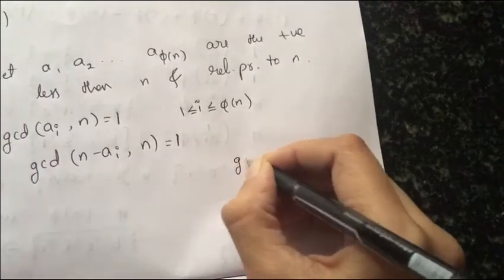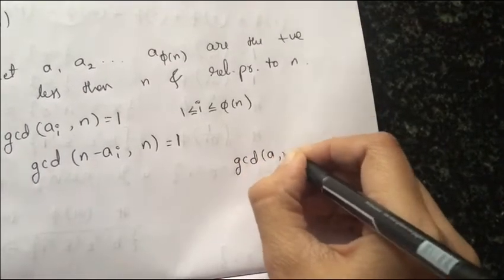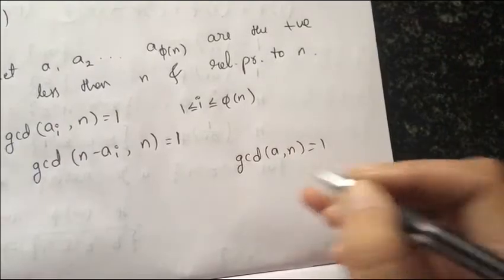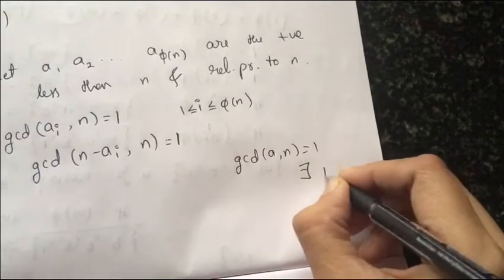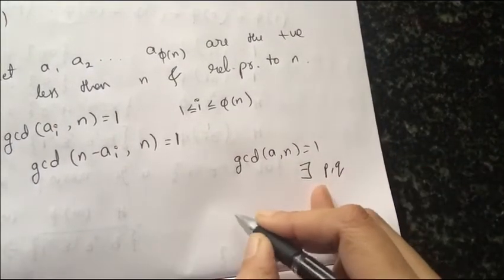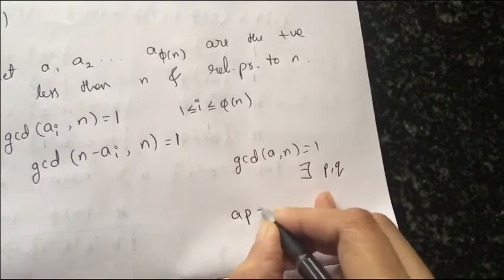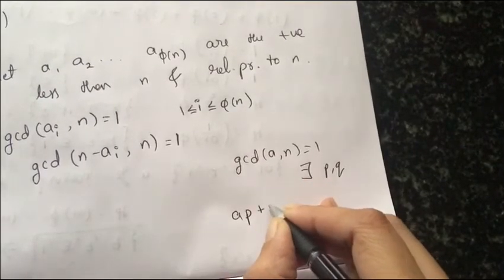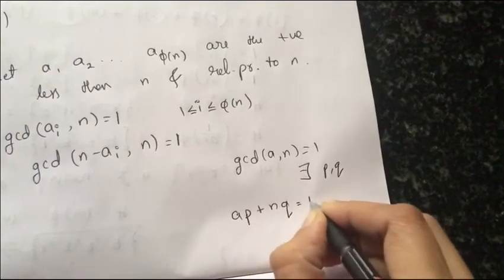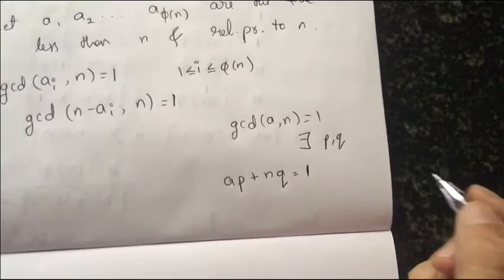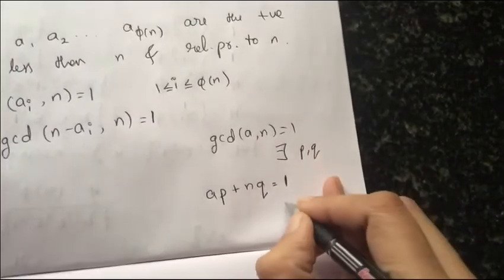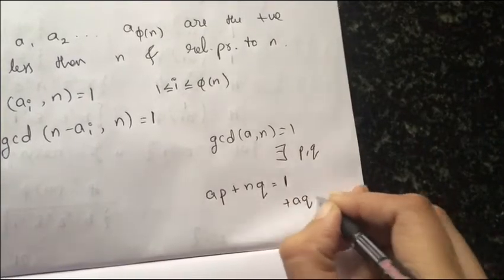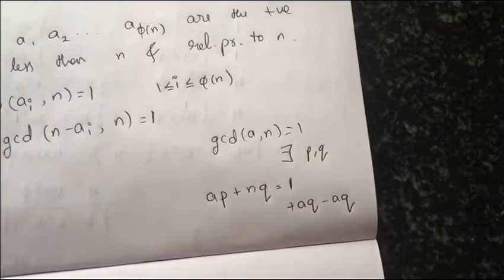Suppose you have GCD of a comma n equal to 1. Then there exist some p and q such that you can write ap plus nq equal to 1.